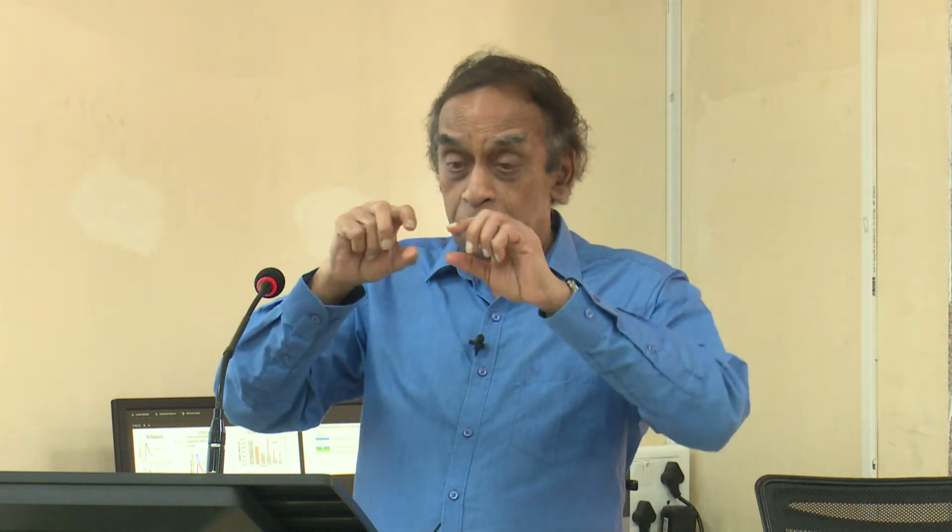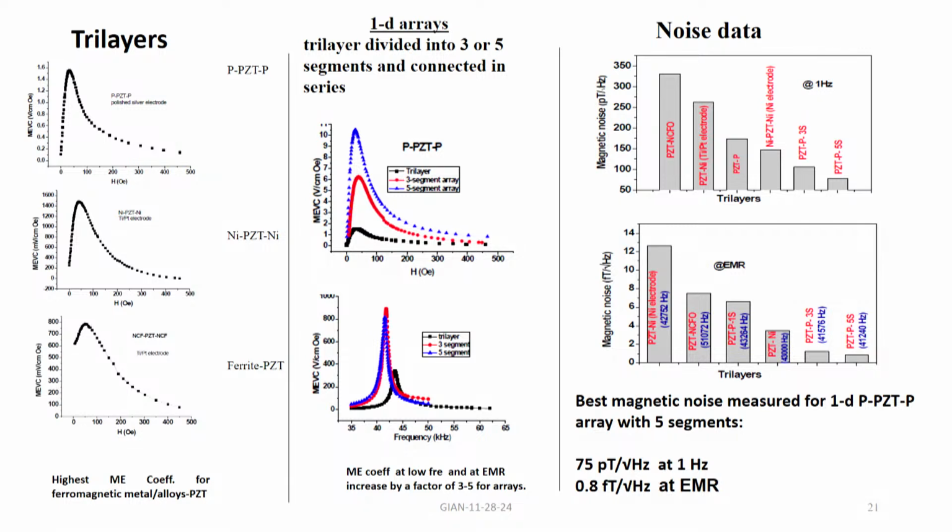How? The PCT surface has silver on it, right. You etch the silver at periodic intervals, then connect them in series. It becomes a 1D array containing 5 sensor elements. Okay. So, that gave us the lowest magnetic noise.